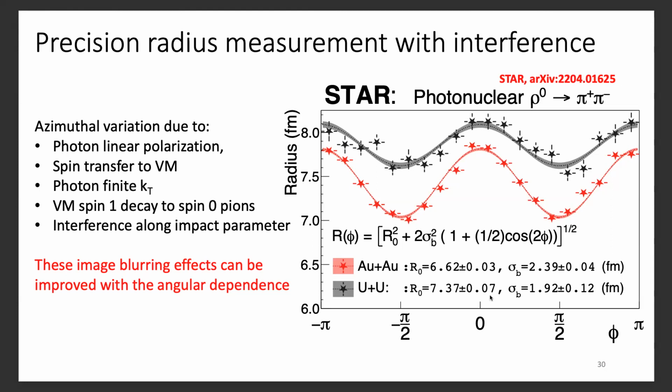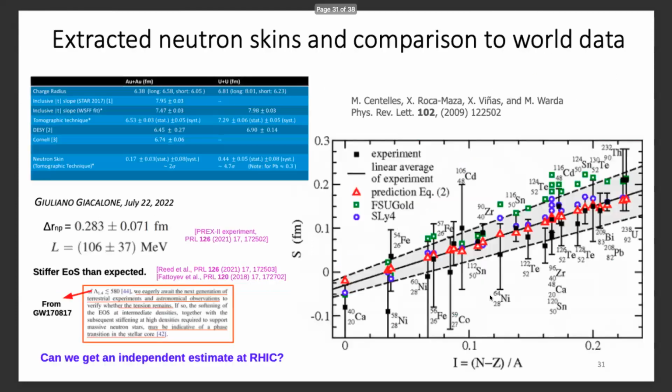So you not only take out the interference effect, but also take out any photon momentum in the transverse plane, which contributes to blurring the whole system. Okay, so these are the table we get from calculating the radius.